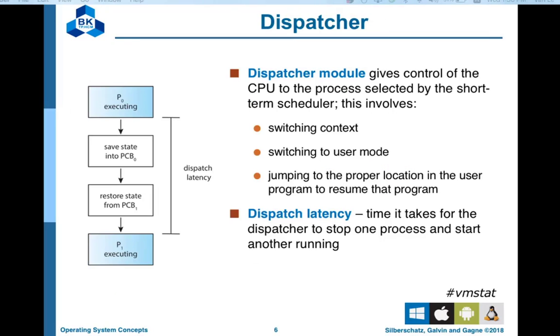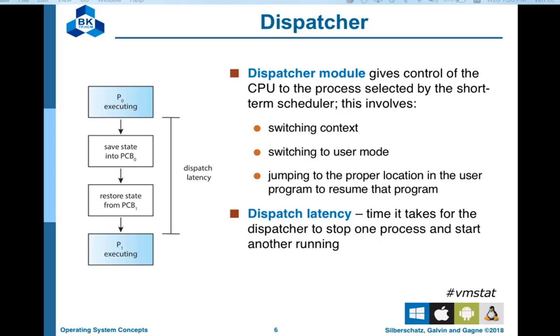Okay, now you know that the CPU scheduler will select one process among the processes in the ready queue to allocate the CPU for executing. But who is responsible for doing this task? The dispatcher. The dispatcher gives control of the CPU to the process selected by the short-term scheduler.